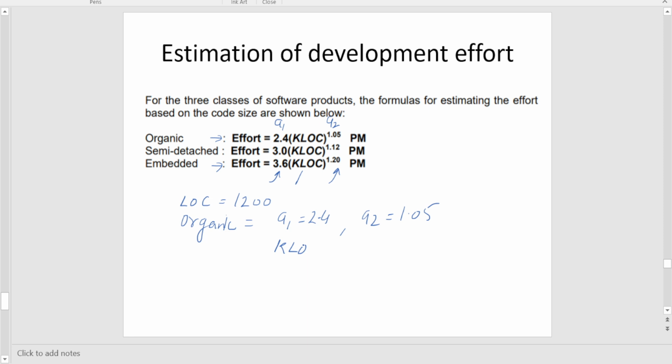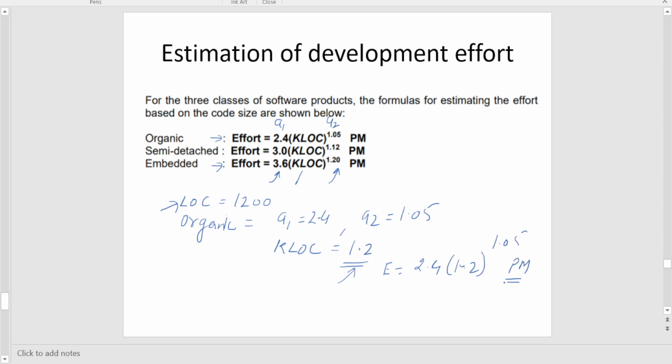The KLOC value will be 1.2. You will not use 1200 because it talks about KLOC. Even if somebody gives you LOC, you have to use the value as 1.2. So the effort can be computed as 2.4 multiplied by 1.2 raised to the power of 1.05 in person months.